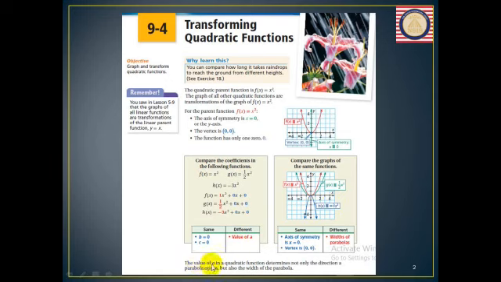So the value of a, as in the lessons before, determines whether the curve will open upward or downward. How? If the a is greater than 0, it opens upward. If the a is smaller than 0, it opens downward. And of course this is negative 3. Take care of this, okay?